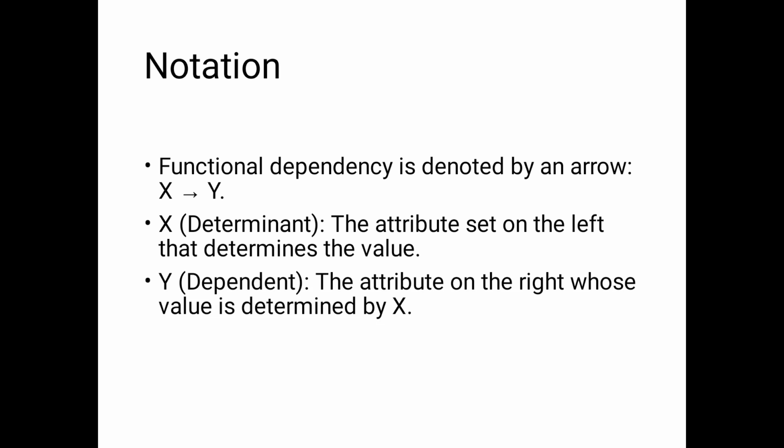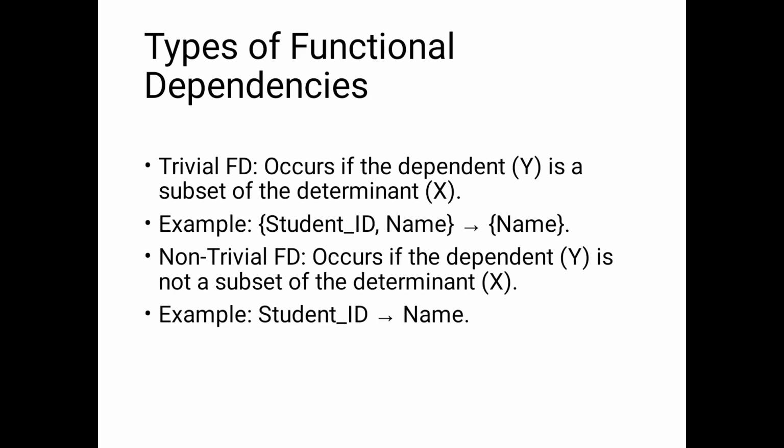Y is the dependent, the attribute on the right whose value is determined by X. Y is derived from the X value. So X arrow mark Y is the notation of the functional dependency.